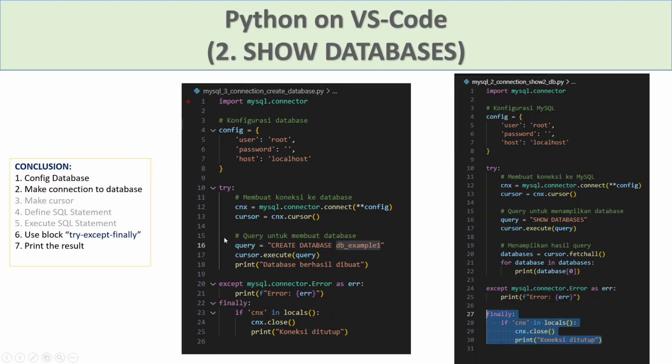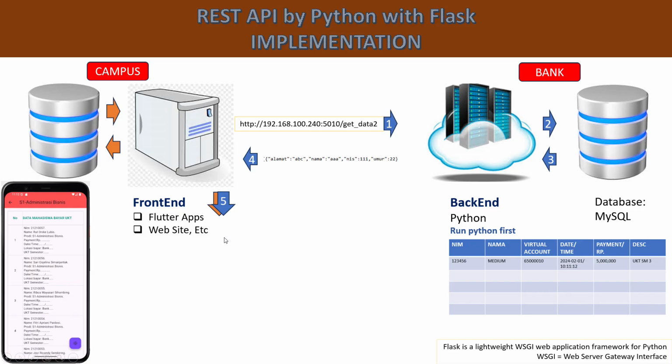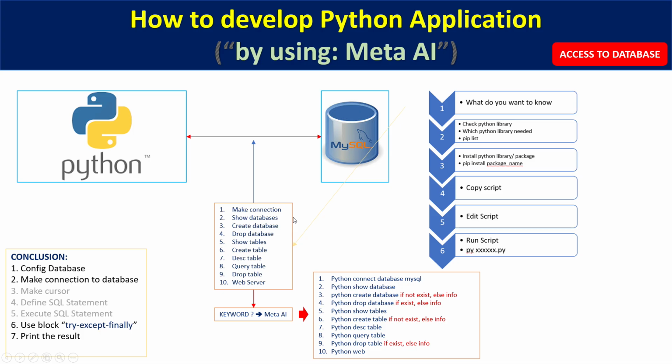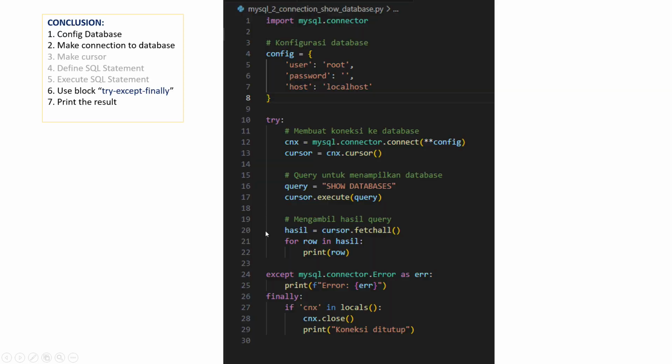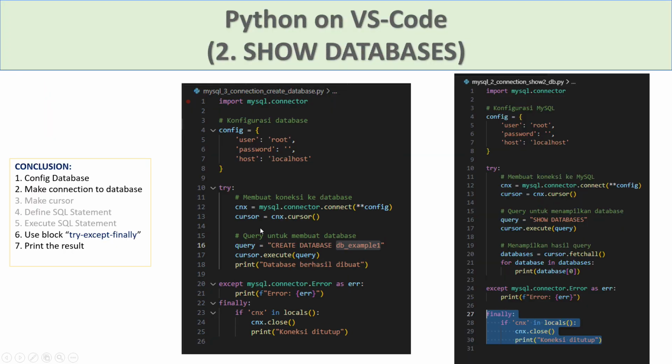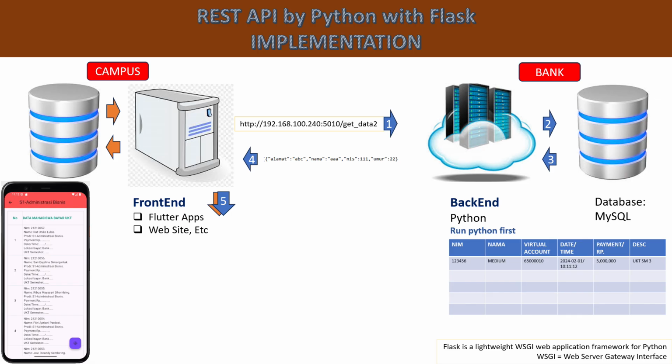And the last one: after we know about Python now, in the next video, maybe after some videos, we want to make a connection from a campus to the bank using Python.